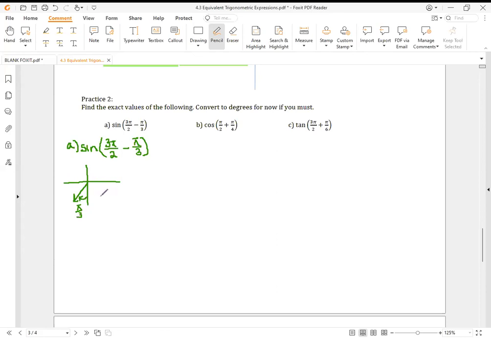That's what it means. I'm dealing with what angle from the y-axis? Pi over 3. Okay. If you don't like that, how about I rewrite it as a degree? Pi over 3 is negative 60.